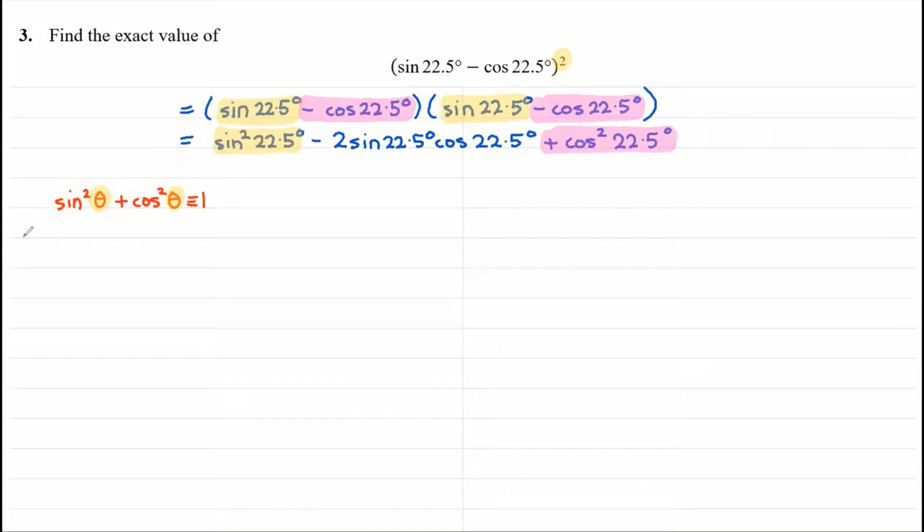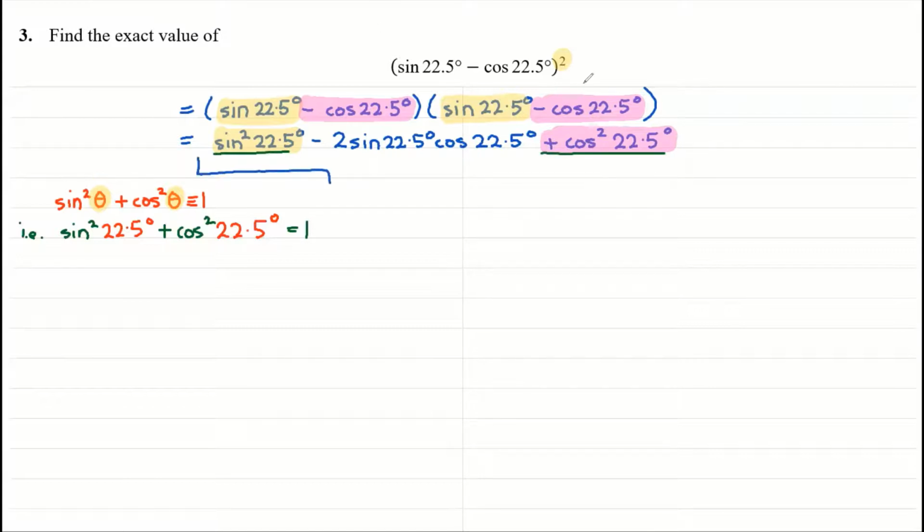So if I take the sine squared of 22.5 degrees and add the cos squared of 22.5 degrees, because I've subbed in a specific value valid for an identity like that, that's just going to equal 1. So straight away we can see that if I take that term and add that term, it's just going to be 1.